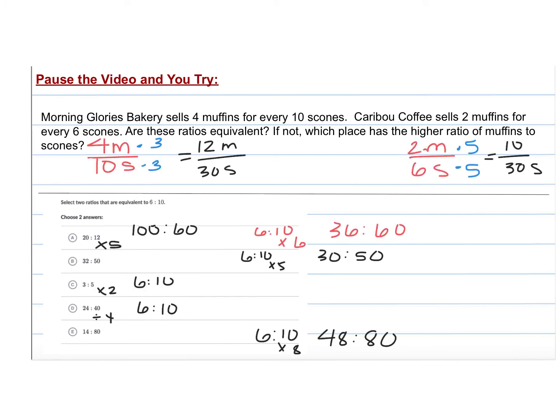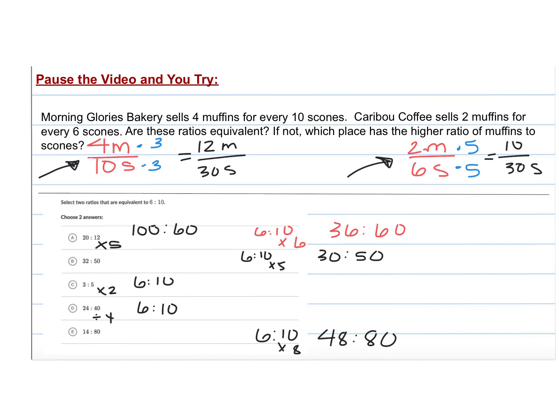Okay, so Morning Glory's Bakery sells 4 muffins for every 10 scones, which I lined up right here, and then Caribou Coffee sells 2 muffins for every 6 scones, which I lined up right here. I can see that we have 6 and 10 in our denominators. They both go into 30.